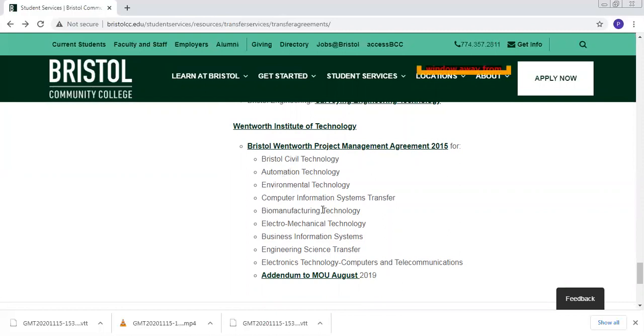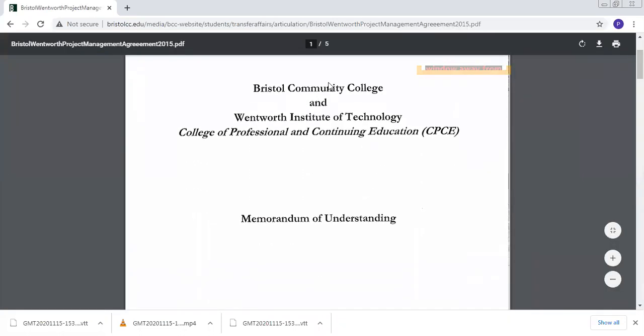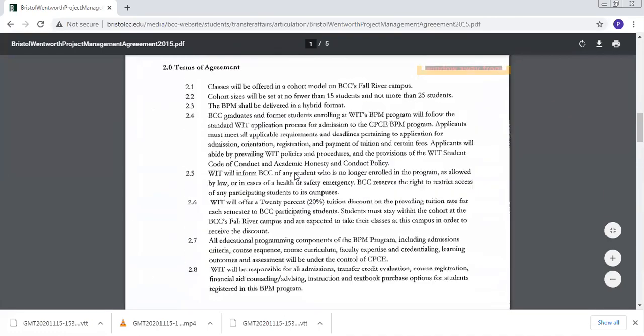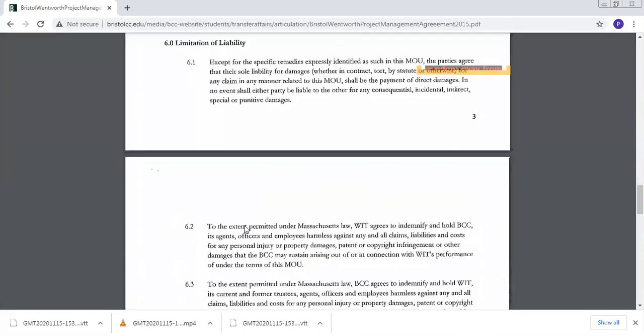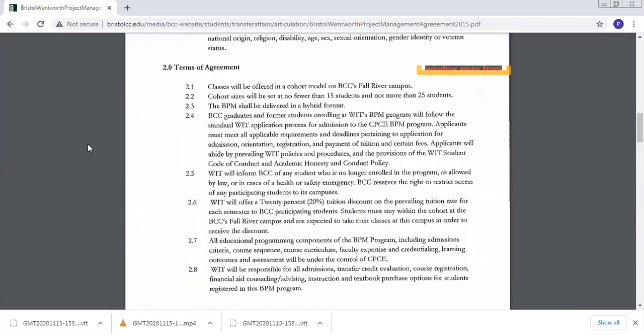And again, this is pretty relevant. It's from August 2019. So you might want to click on some of these and see what the update is. All right, notice for BCC and Wentworth, it talks about basically what the agreement is between the two schools.